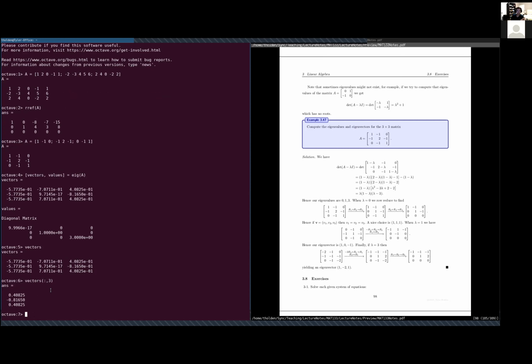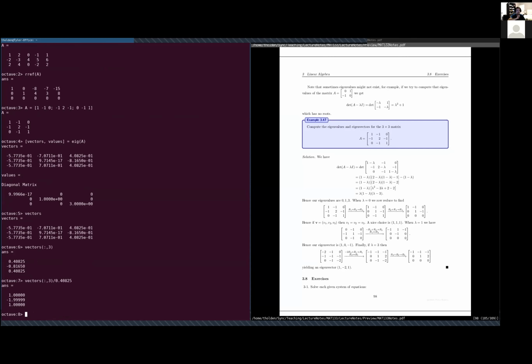You notice that's true. So this notation just pulled out the third column: all rows, and column 3. Then what I would do is say, okay, the smallest thing in here is 0.40825, so I'm going to divide everything in vectors by 0.40825. That gives me the eigenvector where it doesn't look nasty: 1, -2, 1.